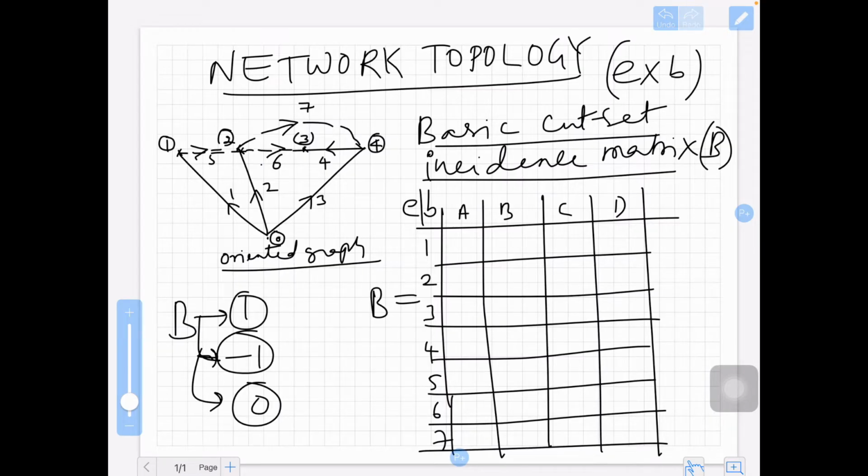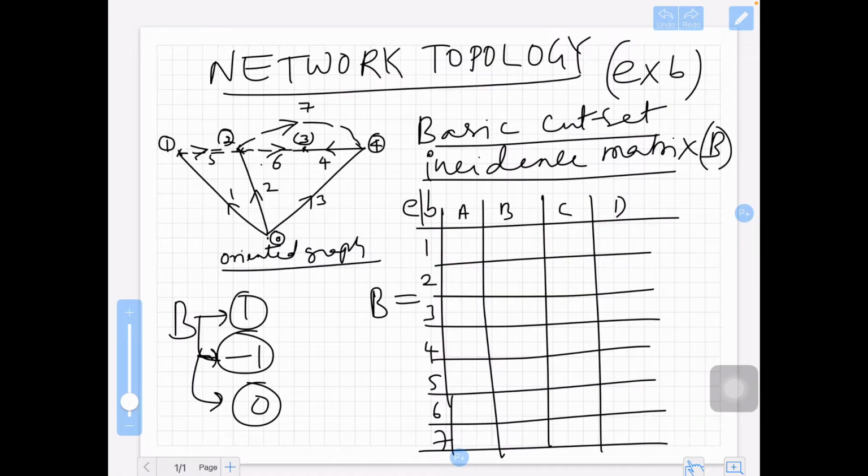So how to form the A basic cut set, B cut set, C cut set, D cut set, how to form this? So first, this is first branch, second branch, third branch, fourth branch, let us assume. First branch means that is connected to the first node.